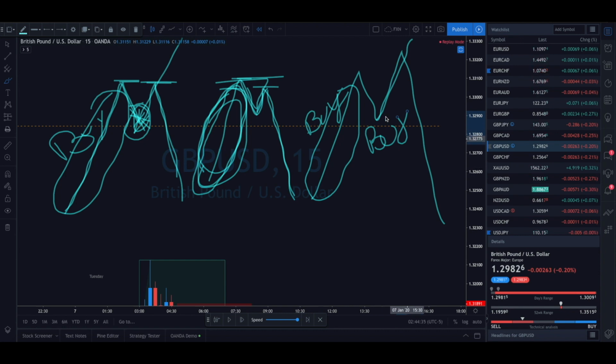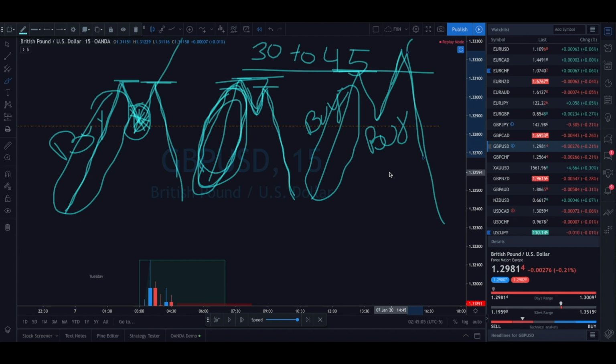Now, a very important aspect is that once this high here is penetrated and they go above it, there's a timer that starts. We're talking about 30 to 45 minutes. So they have 30 to 45 minutes to come back down.